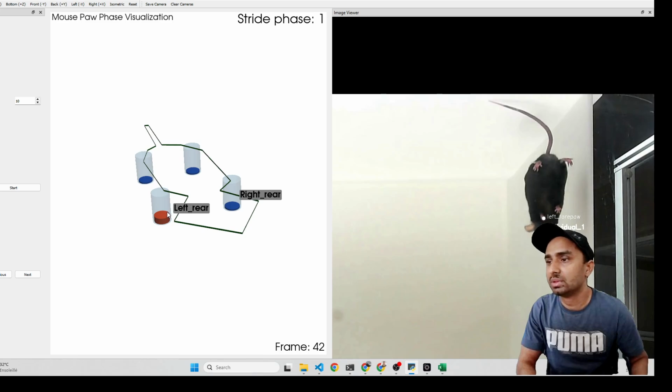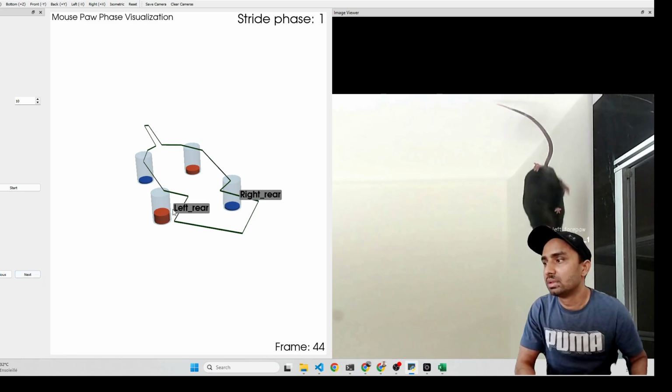So on frame 42 it's still moving, the paw is still moving, so we can see the bar is getting higher.